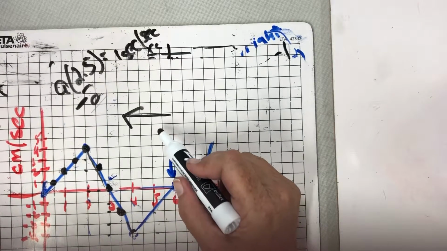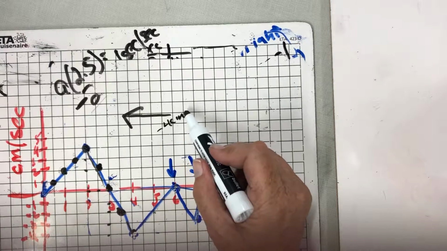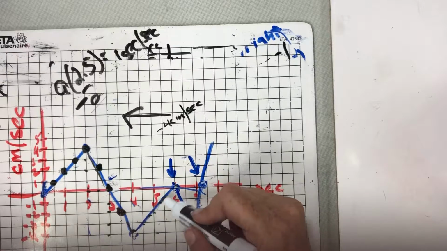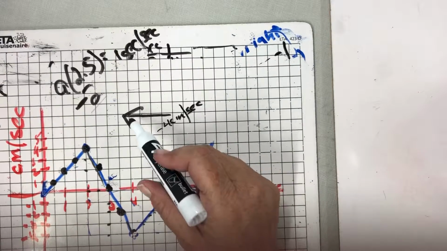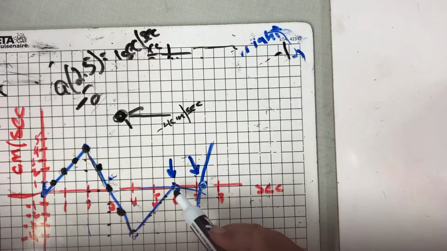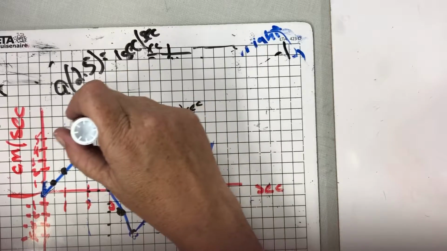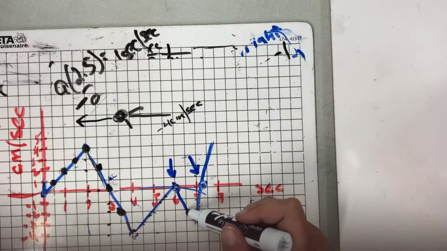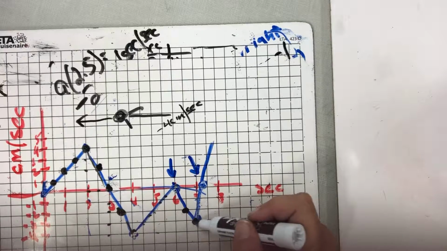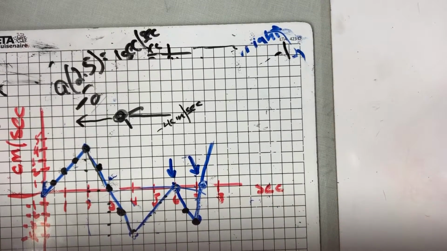So it was going -4 centimeters per second here. Then it seems like it's slowing down, right? By here, it's barely moving, -1 centimeter per second, and then it comes to a full stop. But then it starts up again in the same direction. So now it's still going left with a velocity of, like, -2 centimeters per second, and then -3 centimeters per second.